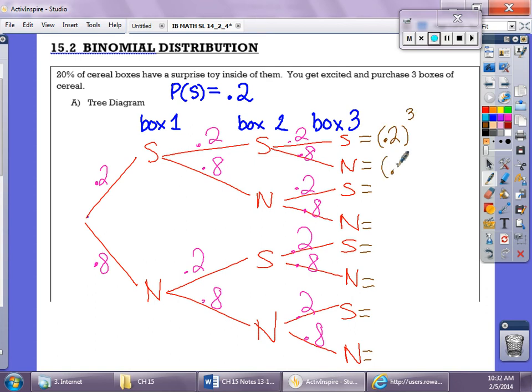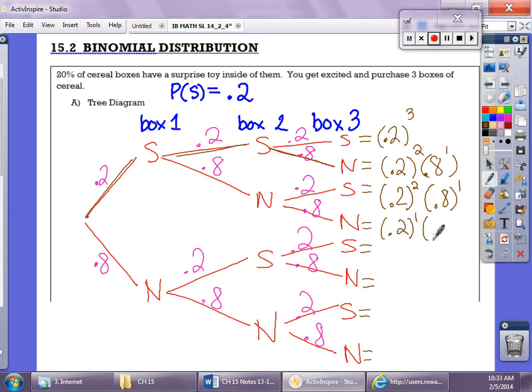The second one has two 0.2s and one 0.8. The next one I have two 0.2s, oopsie, wrong way, my bad, and 0.8 in the middle. The next one, it looks like I have one 0.2, but then two 0.8s.